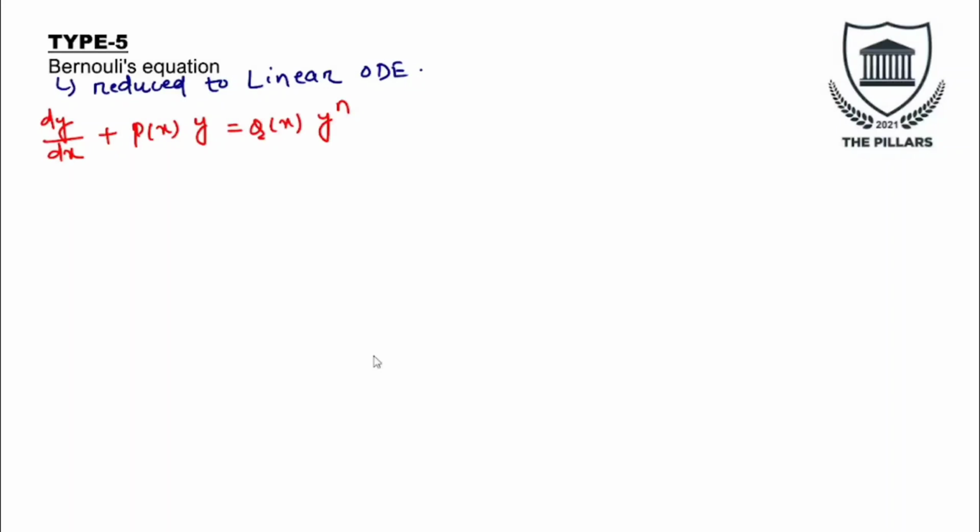What we have to do here is take this y to the power n to this side, then this will become 1 by y to the power n dy by dx plus p of x by y to the power n minus 1 is equal to q of x.